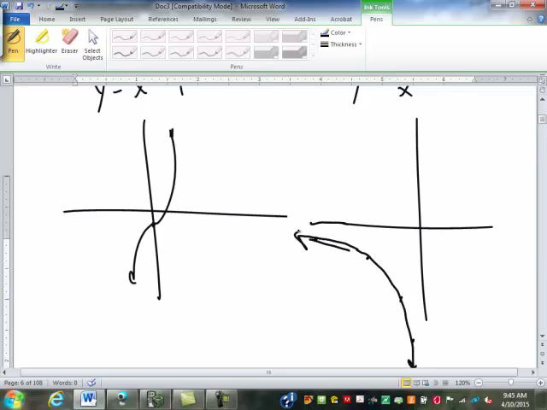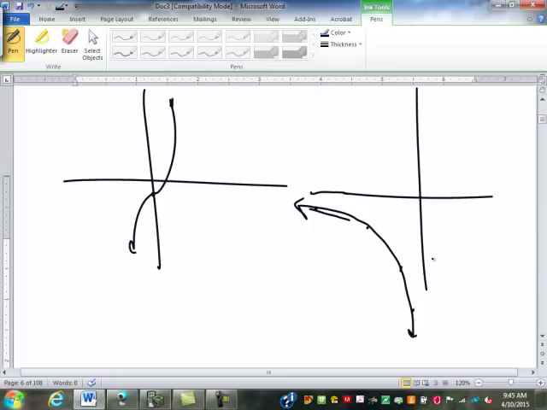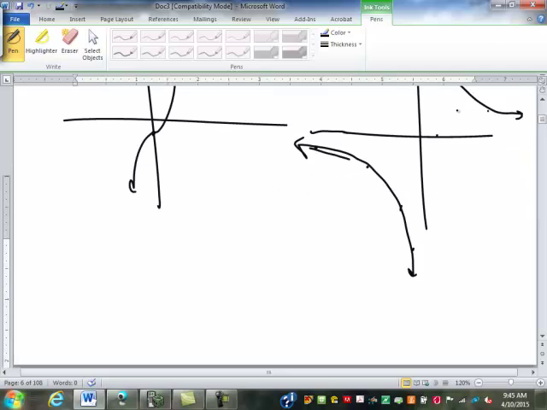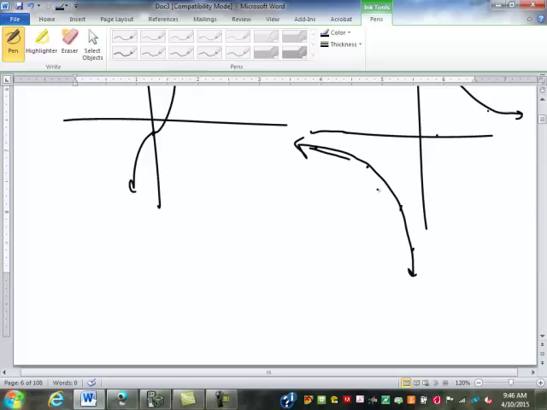But what if we put in x equals 0? Well, 8 divided by 0 would once again give us an error on our calculator. X can never equal 0. But if we skip over to positive 1, then it would be 8. 2 would be 4. 4 would be 2. We get another curve over here that looks like this. I would never do that to you on a test, by the way.